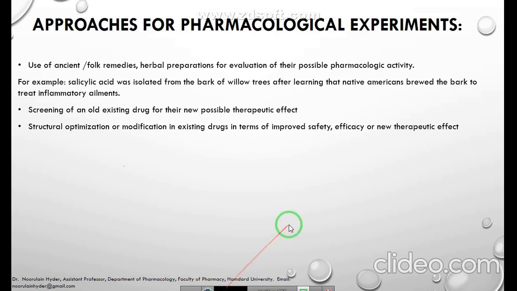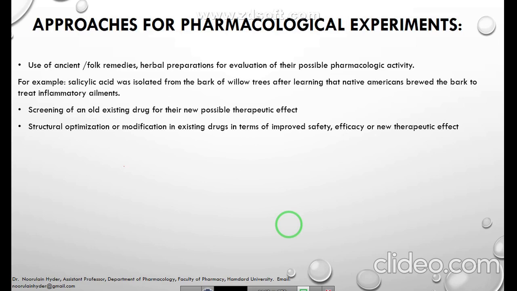And so the third approach is structural optimization or modification in existing drugs for their modified effects in terms of improved efficacy, safety, or new therapeutic target, and the determination of pharmacophore. It means the modification of the structure of any compound which leads to the development or the discovery of a new compound or the new drug.